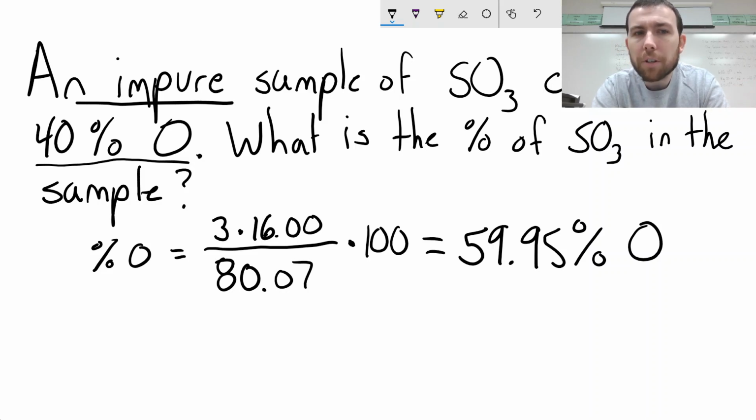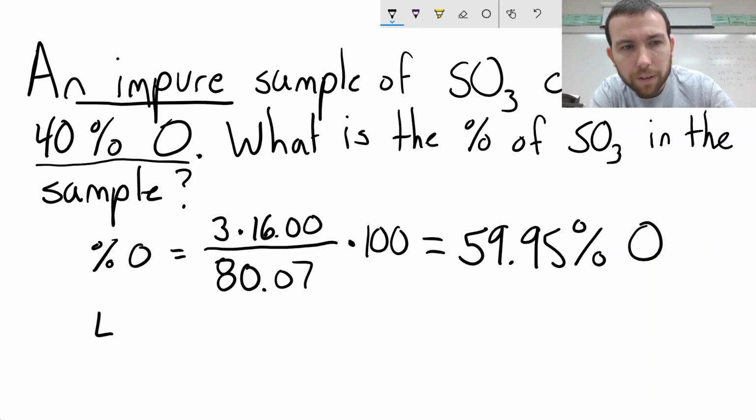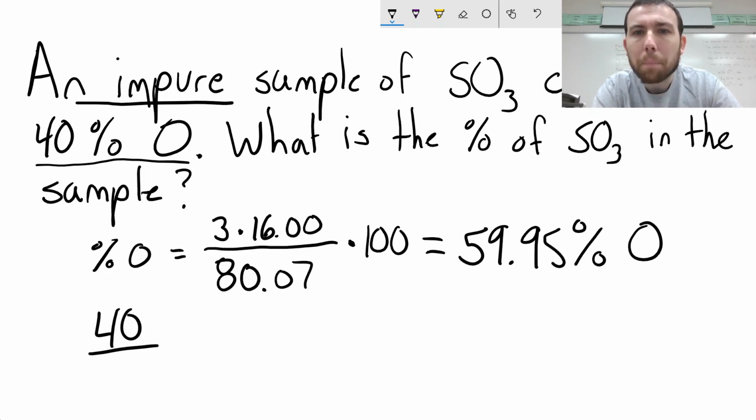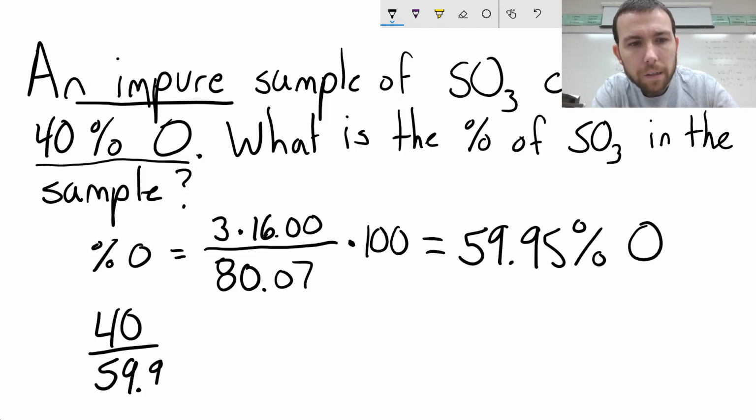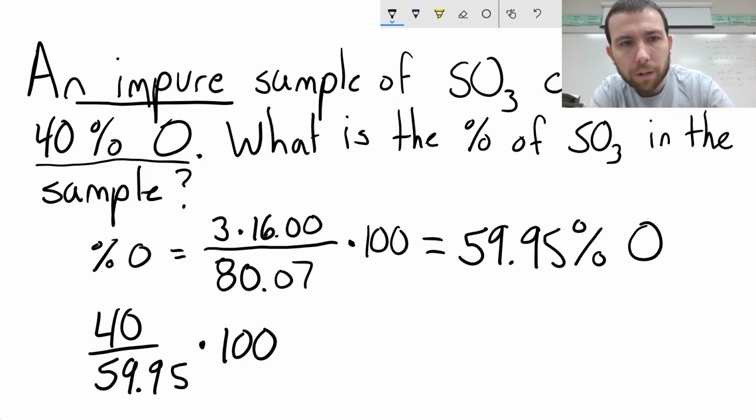To determine what percentage of this impure sample is sulfur trioxide, we're going to take the percent oxygen of the impure sample, 40%, and divide that by the percentage in the pure sample of SO3, which is the 59.95% that we calculated. Then we multiply that by 100 as well, because that gives us the percentage of SO3.